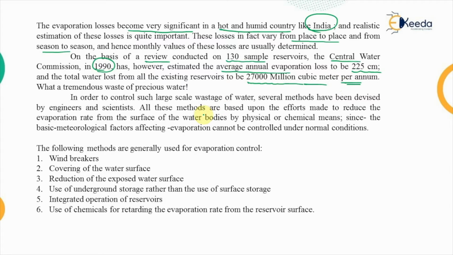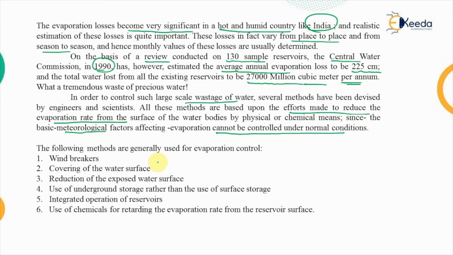So to control such large scale wastage of water, several methods have been devised by engineers and scientists. All of these methods make an effort to reduce the evaporation rate from the surface of the water body by physical or chemical means, because the other factors which control the evaporation process are the meteorological factors, and they are not in our hands, so they cannot be controlled under normal conditions.